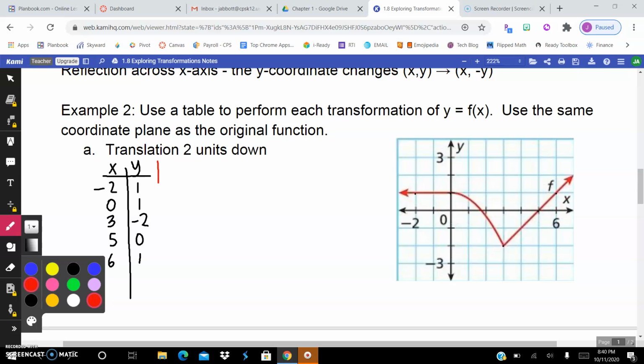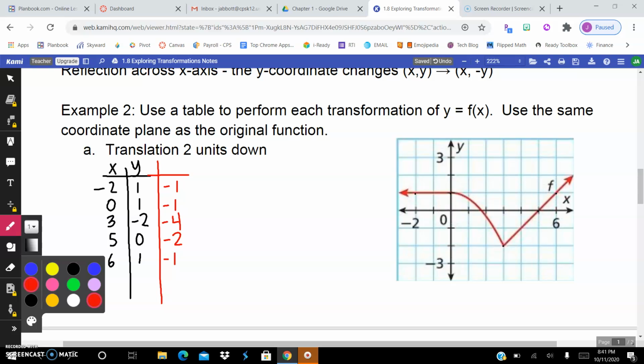So now I'm going to add a third column on here. 1 minus 2 would give us a -1. Another 1 minus 2 would give us negative 1. Negative 2 minus 2 would give us negative 4. 0 minus 2 would give us a negative 2, and 1 minus 2 would give us a negative 1.